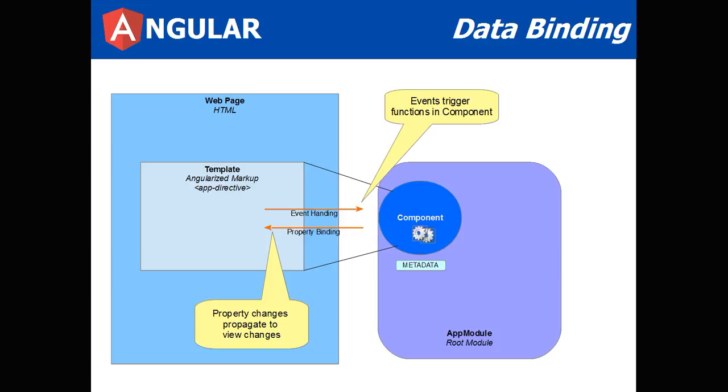So there's property binding, and then if the user clicks on the front end, a function could be invoked in the back end component, and that's called event handling. So this is what you're thinking of as you're modeling your component. You're mapping your template to your component. You're trying to define how the application is going to behave, and you're using directives to define event handling and property binding and everything else like that.